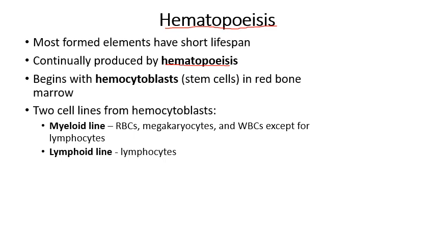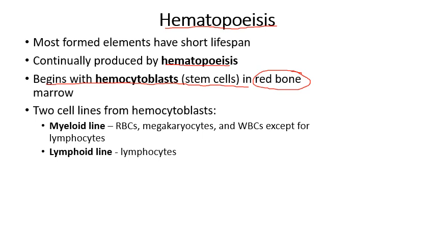And like anything, as you get older, this comes less and less. But during the time, these cells are continually being made, the red blood cells, the white blood cells, from a stem cell called a hemocytoblast in the red bone marrow, because that's where all our blood cells are being made.